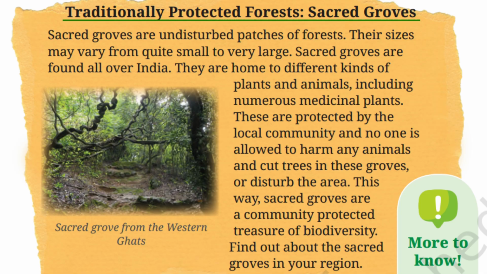People are not allowed to cut trees, harm animals, or disturb the area. Sacred groves are like nature's treasure box, protected by the community. A beautiful example of traditional ways to conserve biodiversity. And we must protect biodiversity to ensure our planet is full of life, helping plants and animals to survive and thrive.